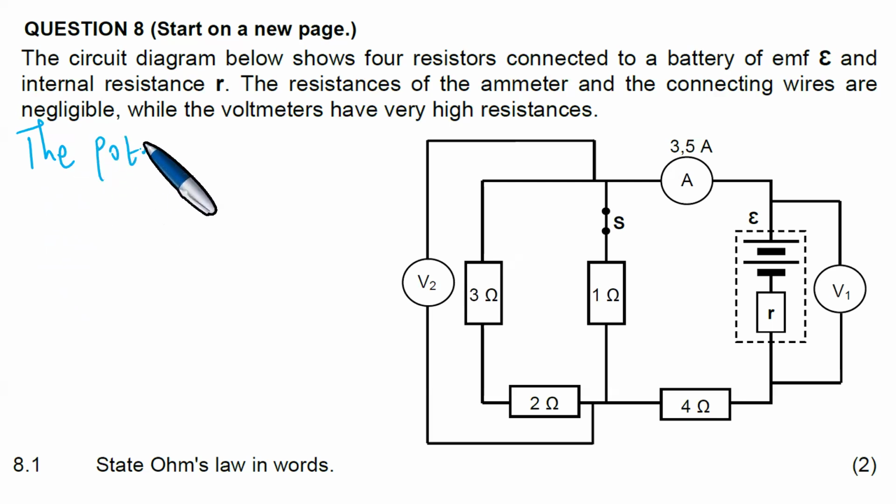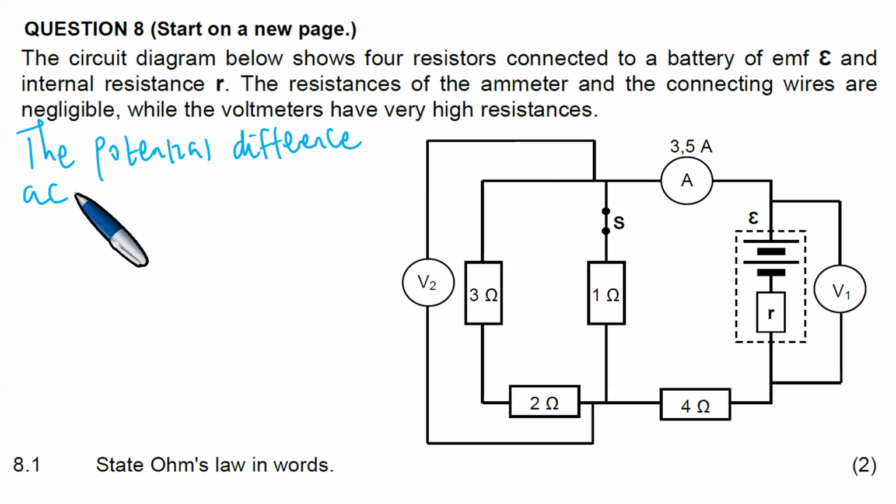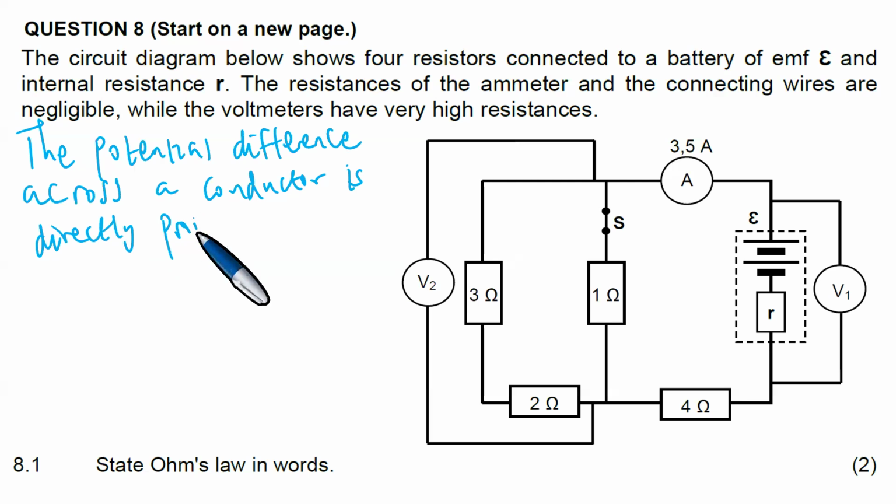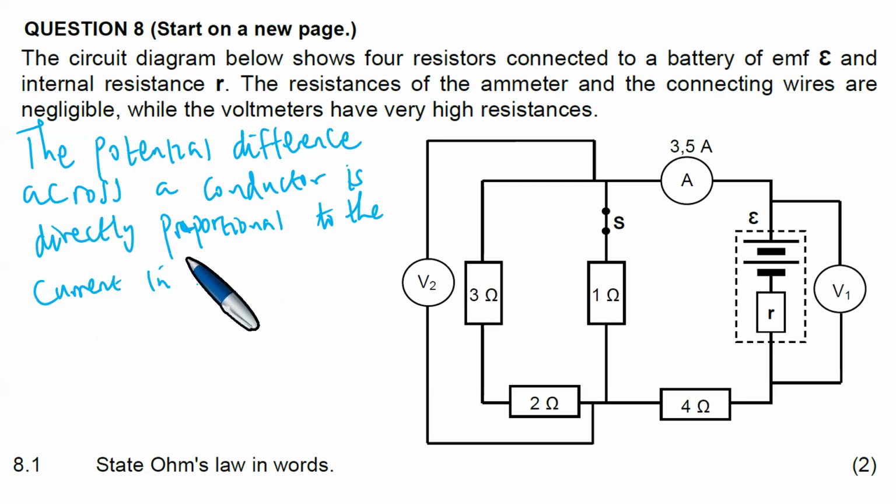I know that we know the law very well, but we start by saying the potential difference across a conductor is directly proportional to the current in the conductor at constant temperature. Okay, so the temperature must be constant.